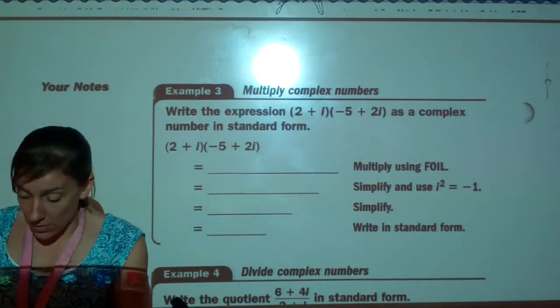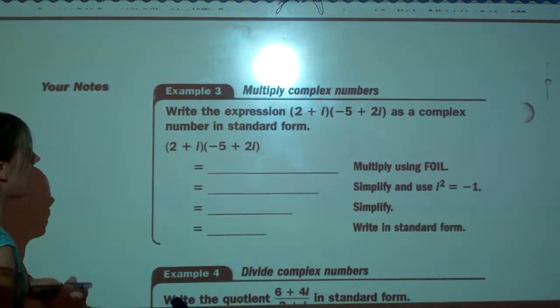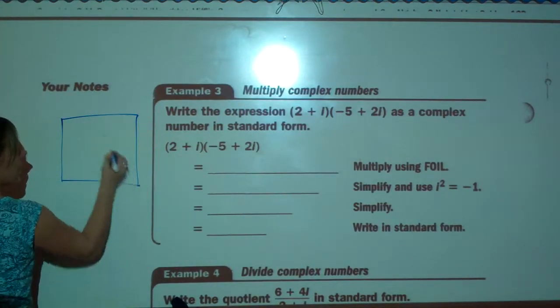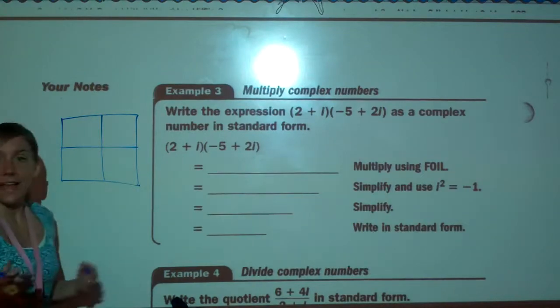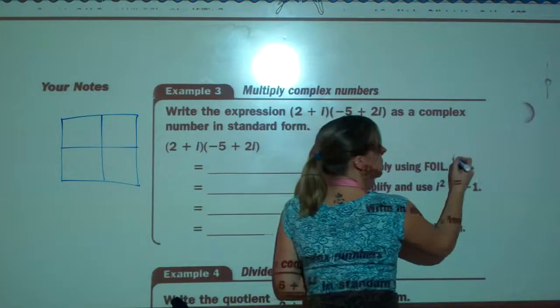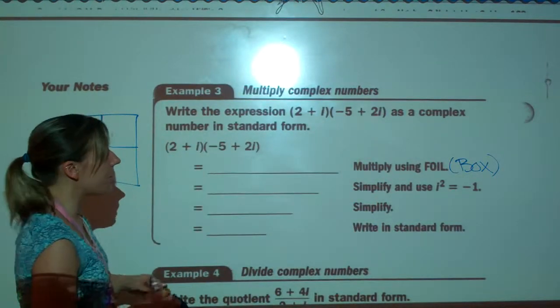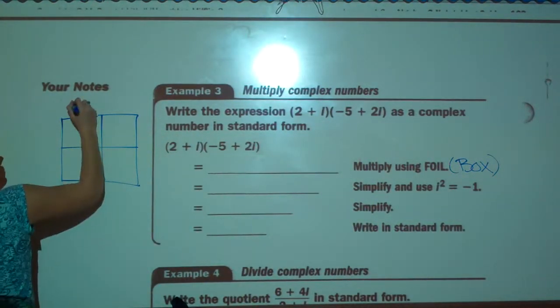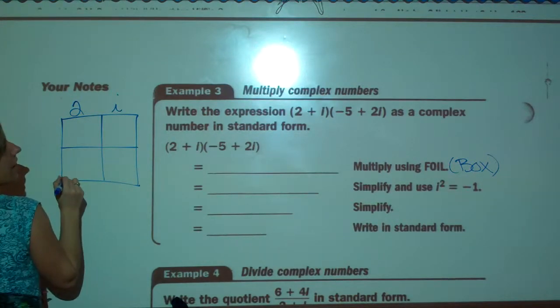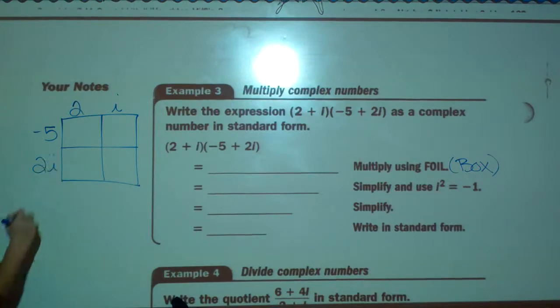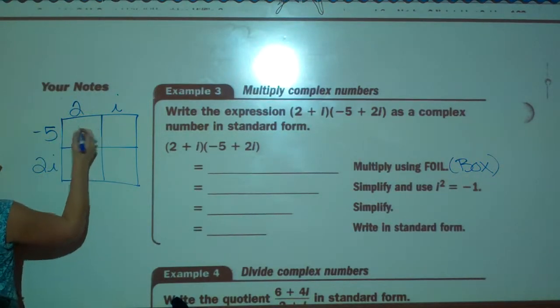The way we multiplied binomials was we went off to our box and we multiplied them, okay? That doesn't change. So this says using FOIL. I use the box, okay? So you can multiply however you want. But that's 2 and I, and then this is -5 and 2I. So just use your box to multiply.